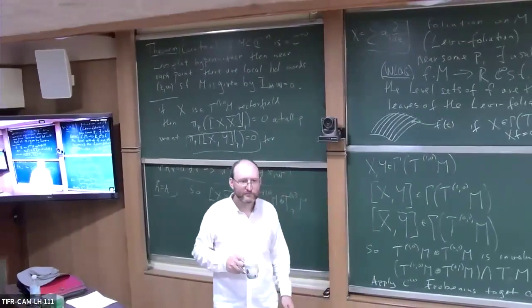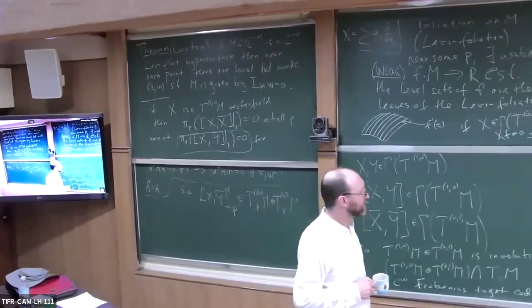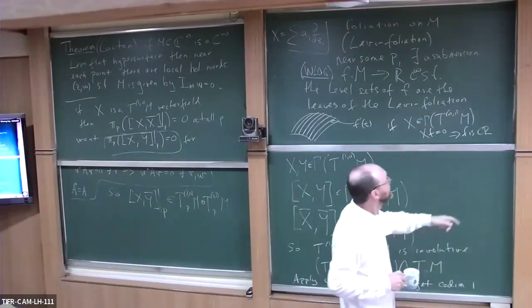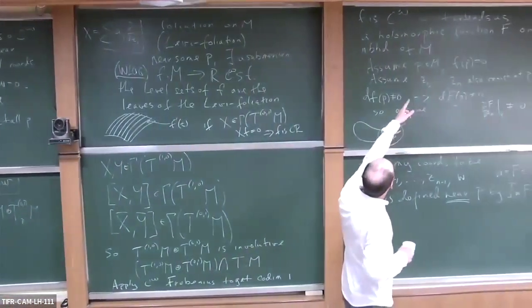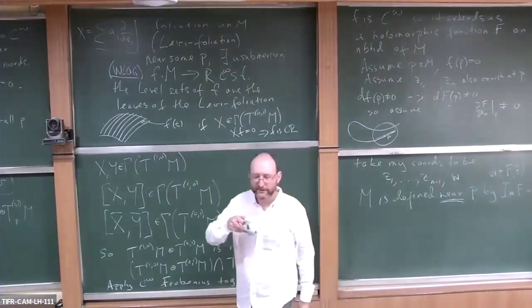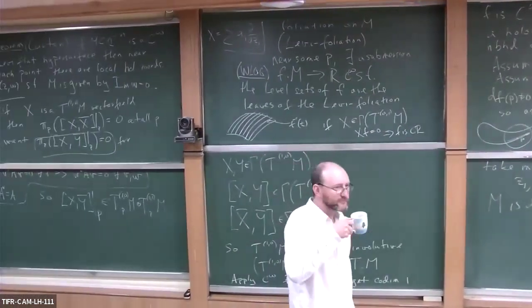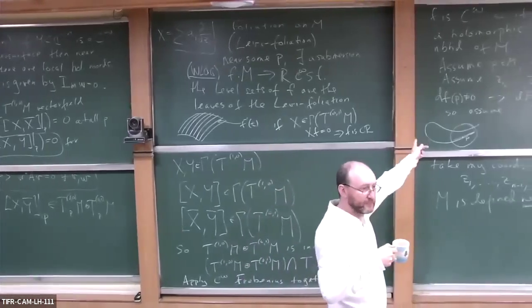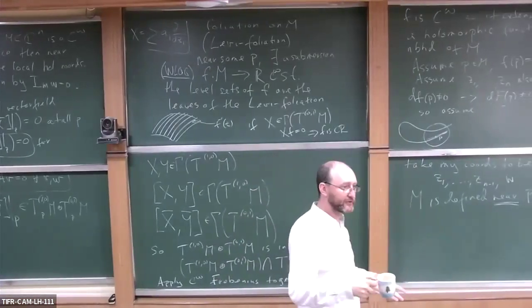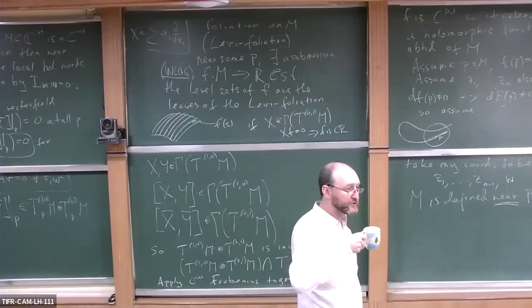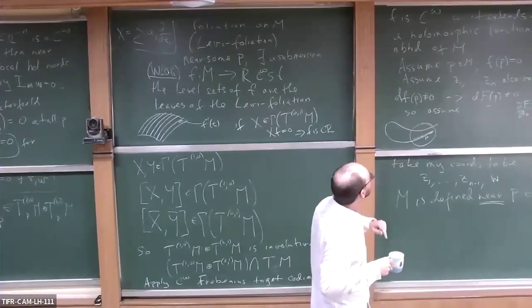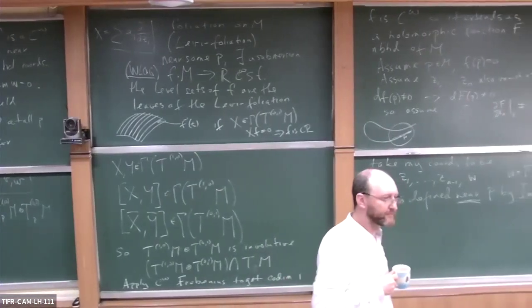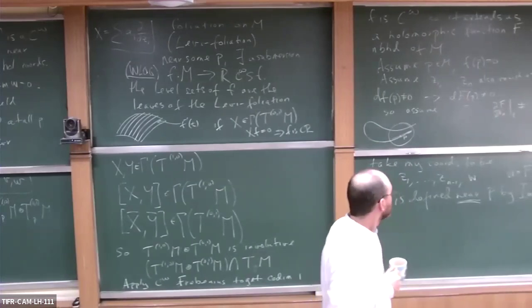Are you also using that F is real analytic at that point? Capital F is actually holomorphic, because it's the holomorphic extension of little f, which is real-algebraic. Little f is on M, and capital F is in a neighborhood, so they agree on the neighborhood of P. It's not only that the imaginary part of F is 0, it's that F is 0, because little f of P is 0.